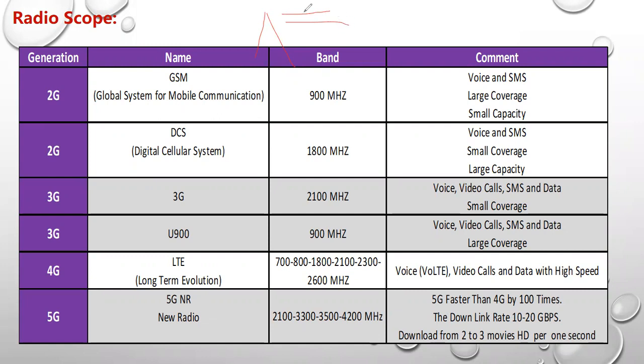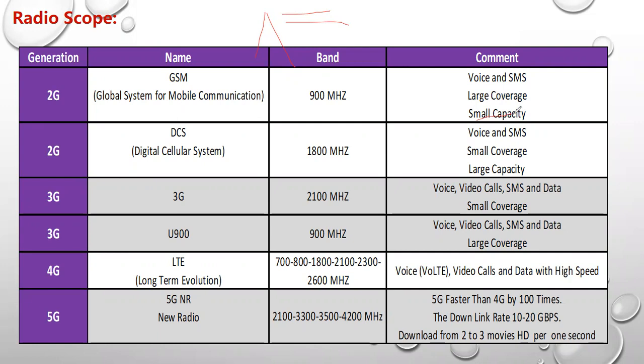So this is a small frequency, but it gave me a large coverage. So again, this is a small frequency that could give me a large coverage. But why small capacity?